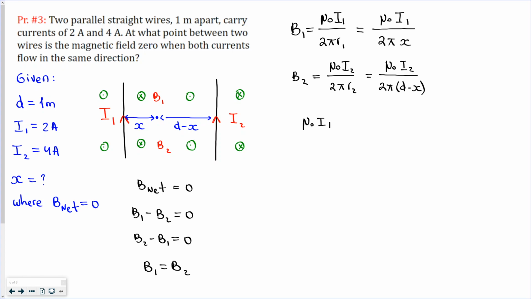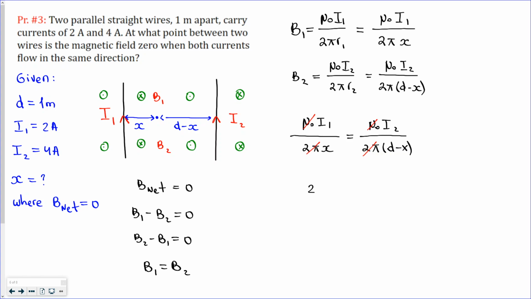Mu0 I1 over 2 pi x must be equal to mu0 I2 over 2 pi (d minus x). Here the 2 pi and the constant mu0 can be cancelled out. Now it's time to put the numerical values.